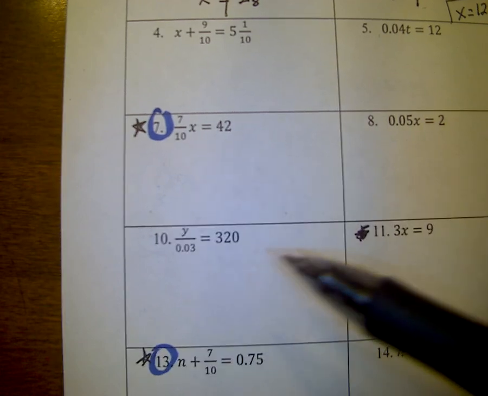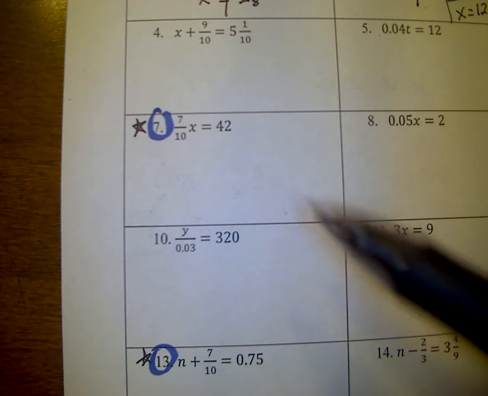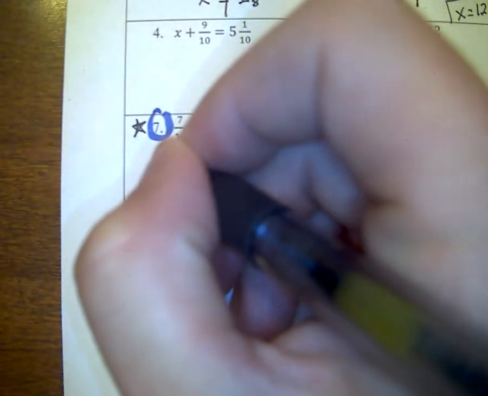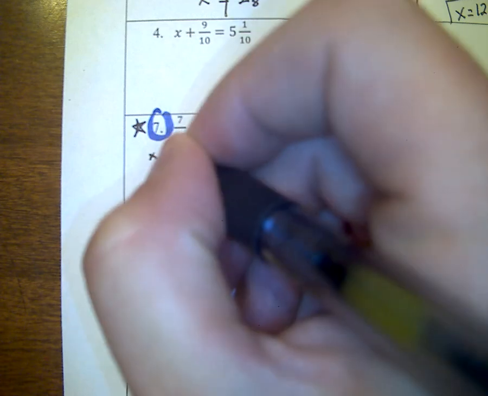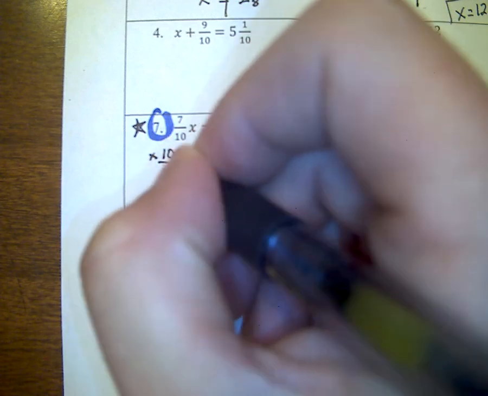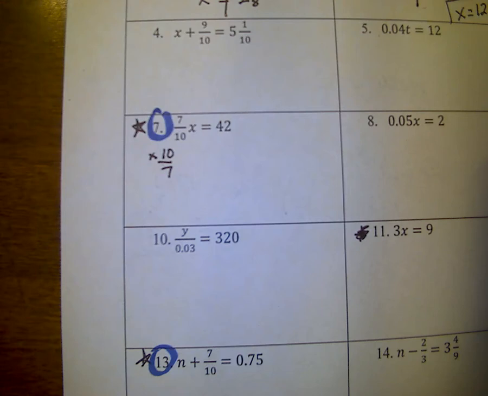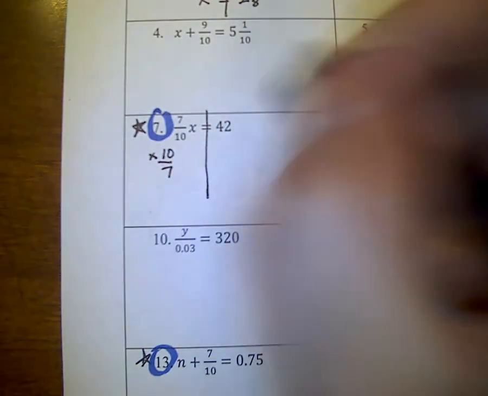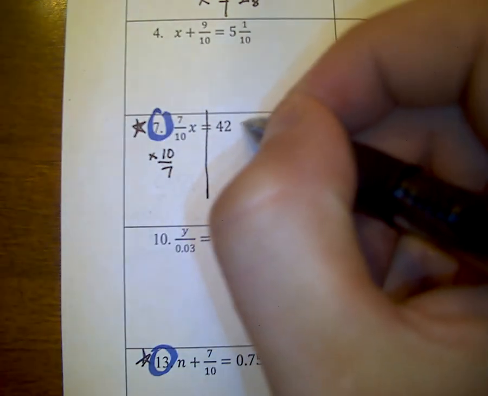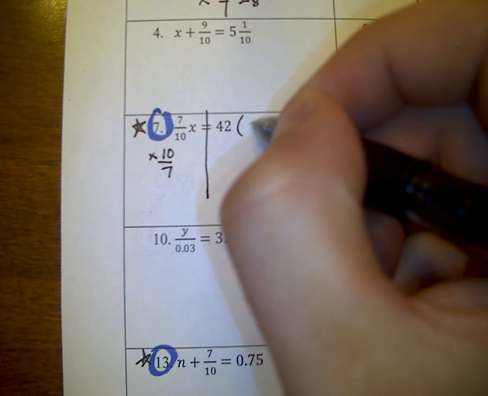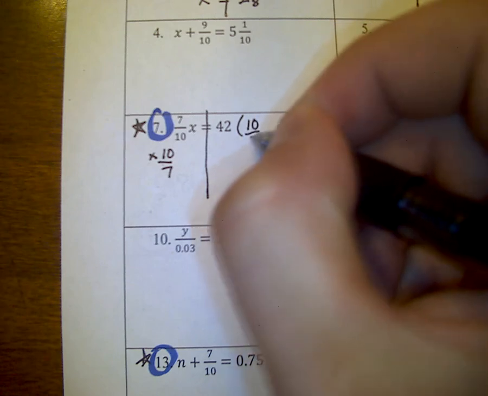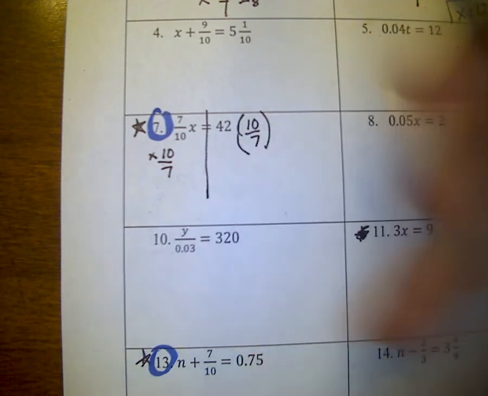To divide by 7/10, actually all we have to do is multiply by the reciprocal. So we can just take this 7/10 and multiply by 10/7 because that's the reciprocal. Then I'm just going to take 42 times 10/7 because I've got to do the same thing to both sides.